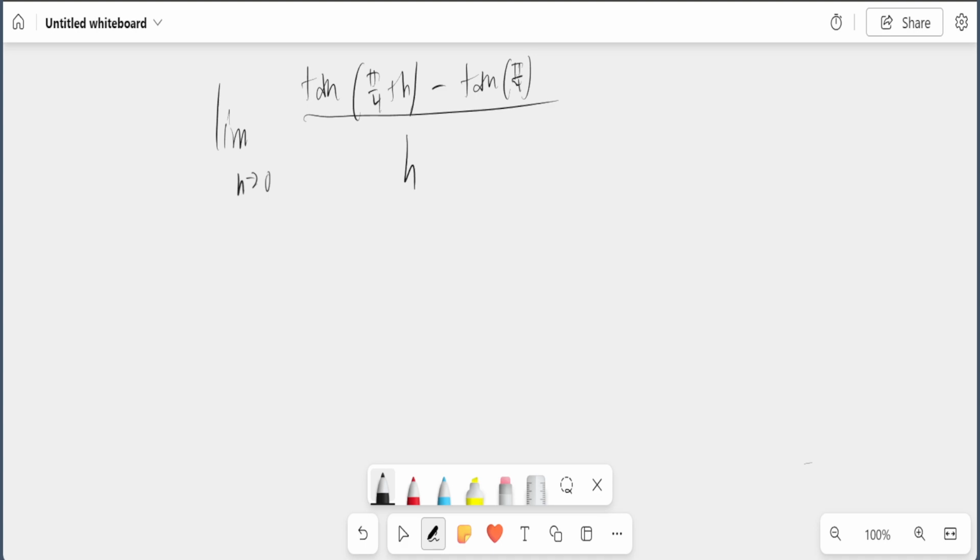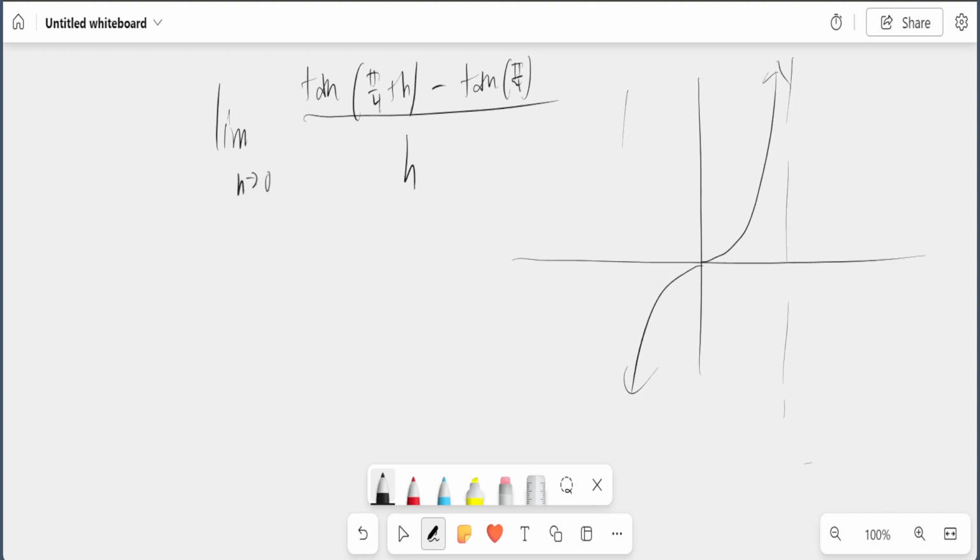Let's do kind of a reverse and look at this visually, right? We have tangent x. I think it looks like this, right? And that's pi over 2, negative pi over 2. And we have tangent pi over 4. What's the value of that? 1, I think it's 1, yeah.